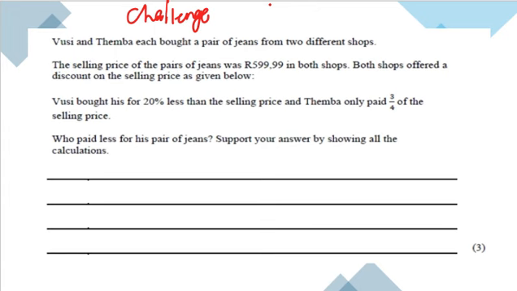Vusi's discount is 20% less than the selling price, and Temba only paid, remember, paid 3/4 of the selling price. So we are asked to find who paid less for his pair of jeans between Vusi and Temba. So that's your challenge problem. Please go do it, and we're going to discuss the solutions together.